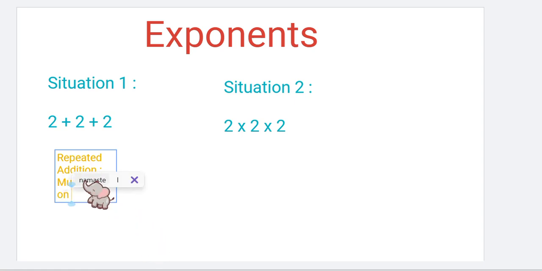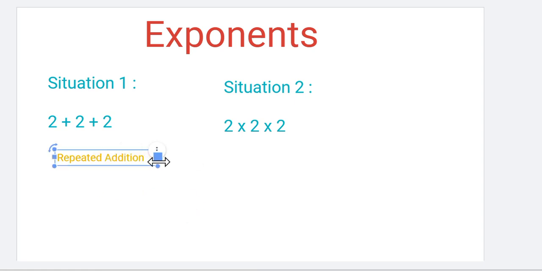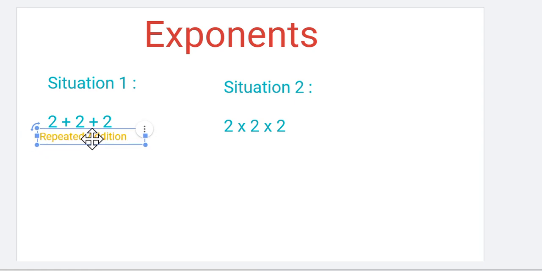So repeated addition, okay, so this is equal to repeated addition. So you're adding it. Now this can also be written as 2 times 3, which is equal to 6. Okay, you can write it like that.